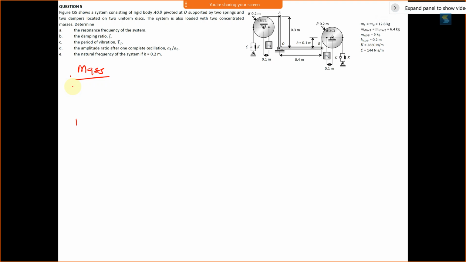Kita tahu IO equals to MK square, isn't it? Okay. So kita dapatkan I dulu. M of AOB adalah 5 times with 0.2 square. Dan kita boleh dapat IO lah.